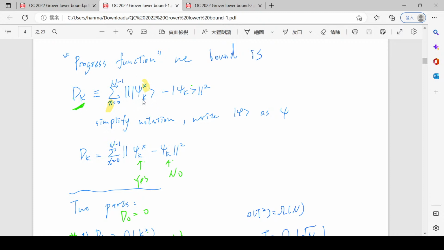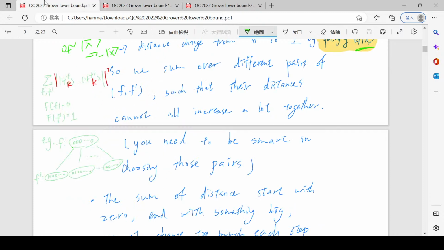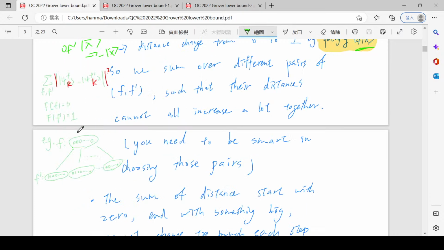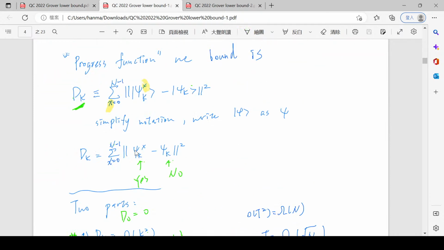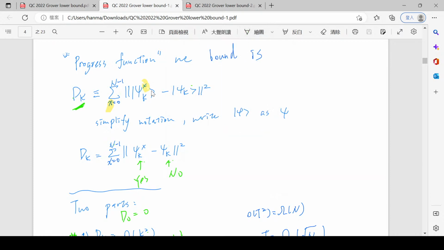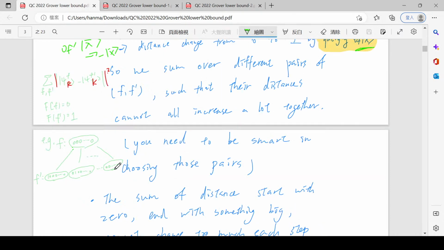And psi_x,k is the state of the algorithm when the 1 is at the x location.